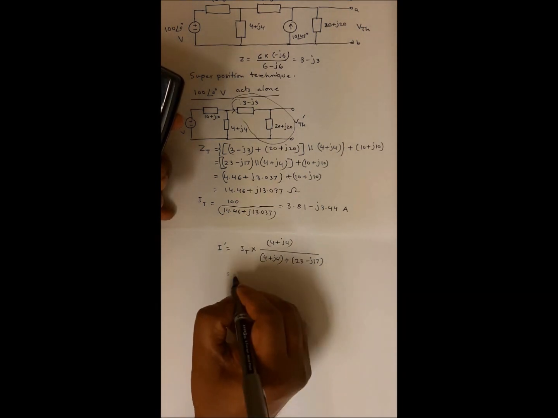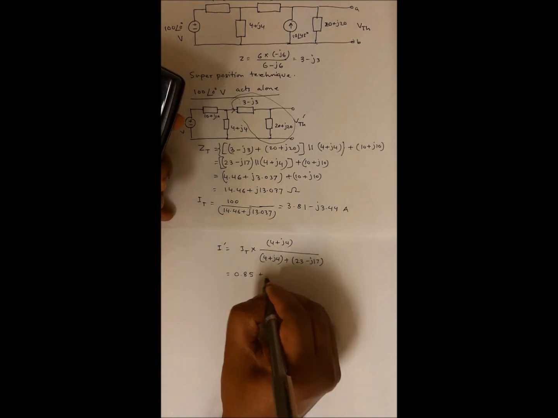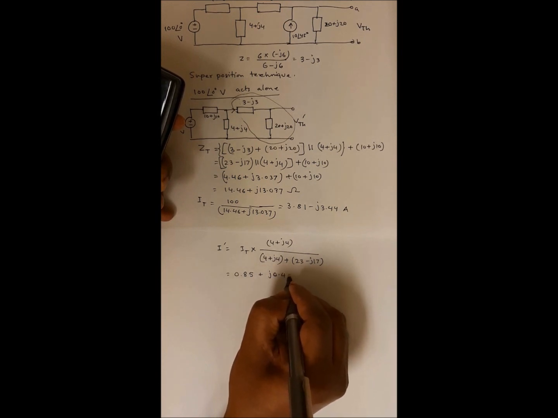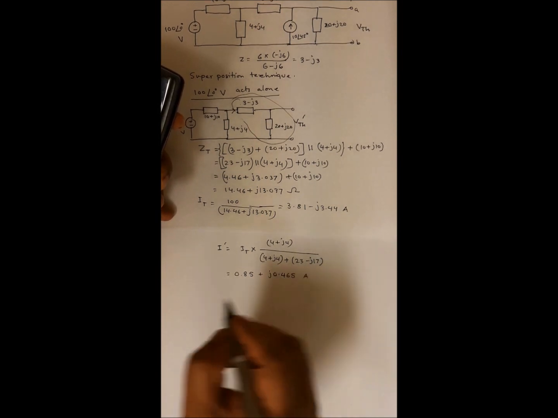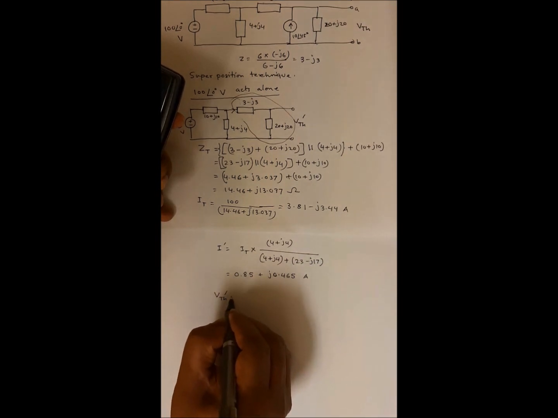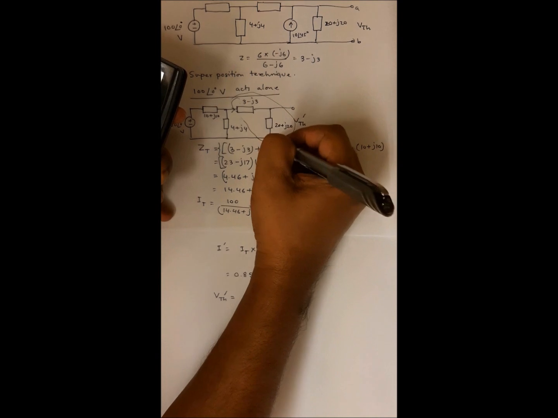So we'll get IT times 4 plus 4I over 27 plus 13I. So that gives us 0.85 plus J0.465 ampere.